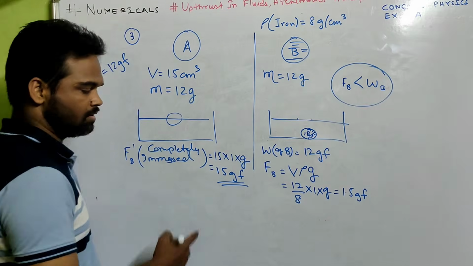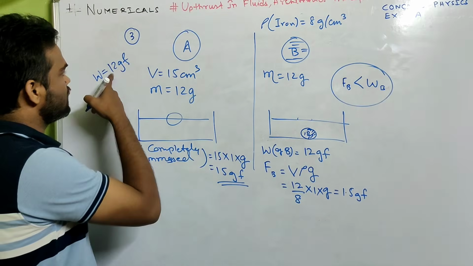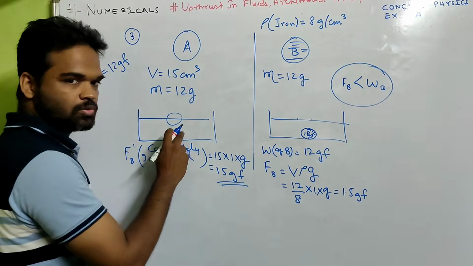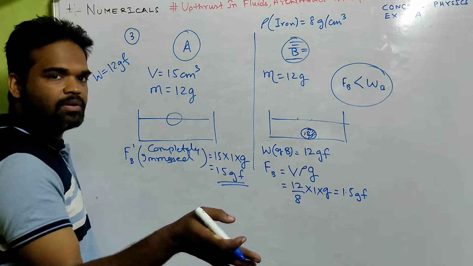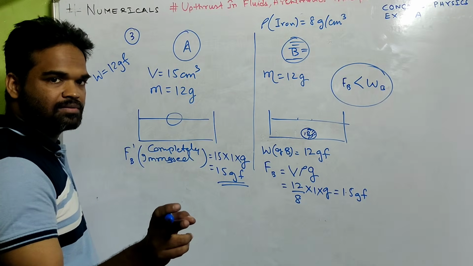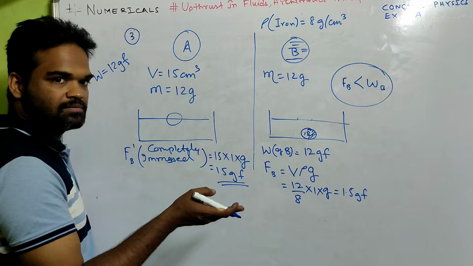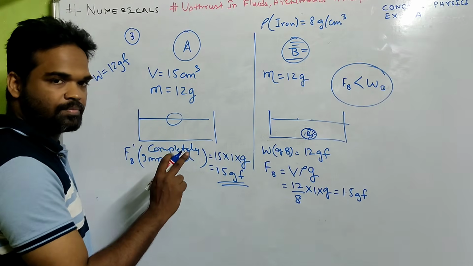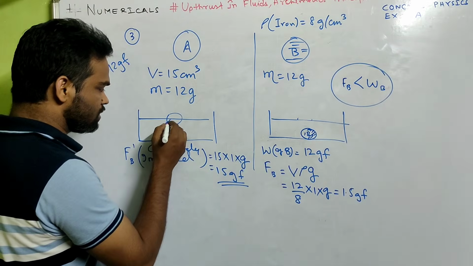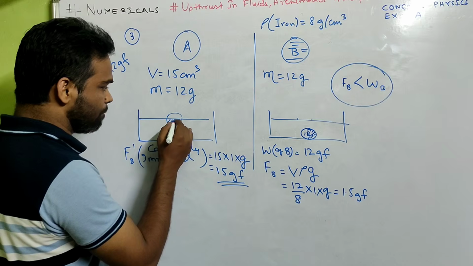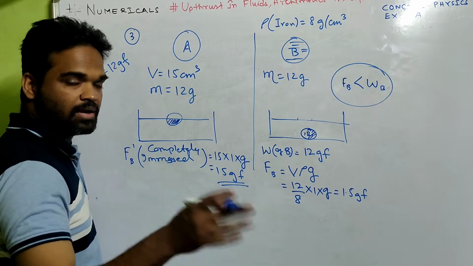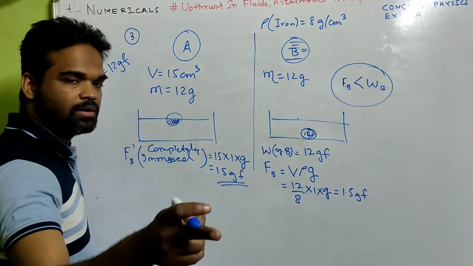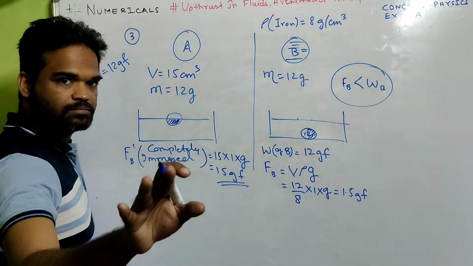Now look carefully. Upthrust is greater when the body is completely immersed in water. Then upthrust is greater than the weight of the body, which means the body will not sink. It will float. It won't sink. It will float with that much part submerged inside water where the upthrust becomes equal to the weight of the body.